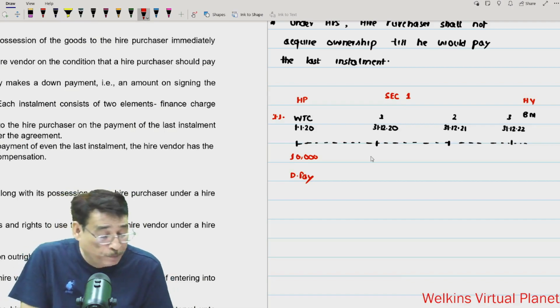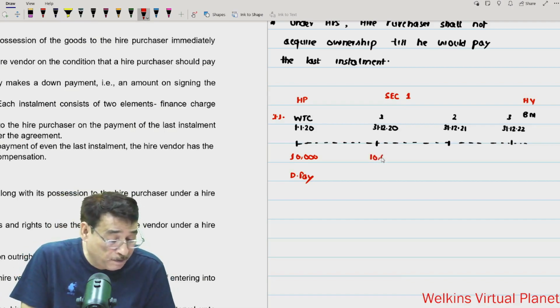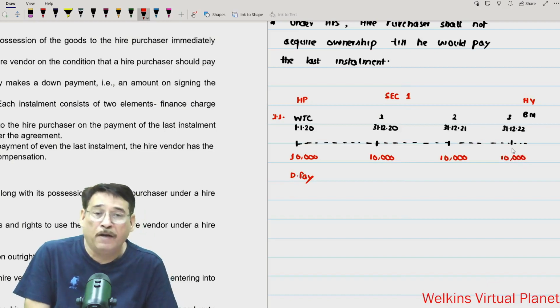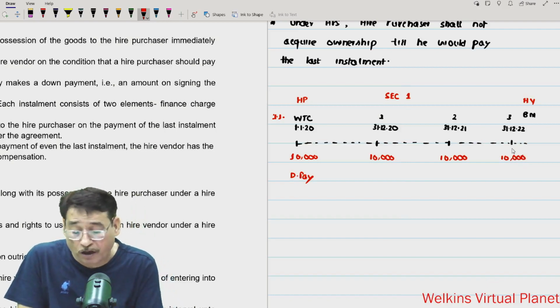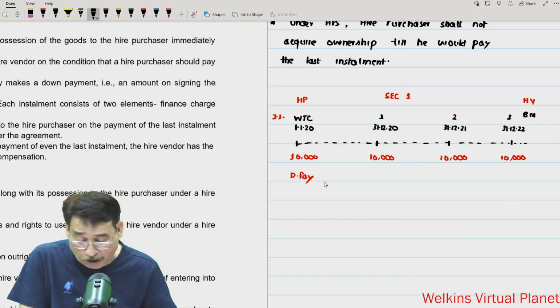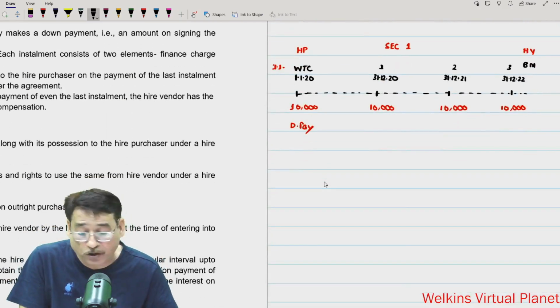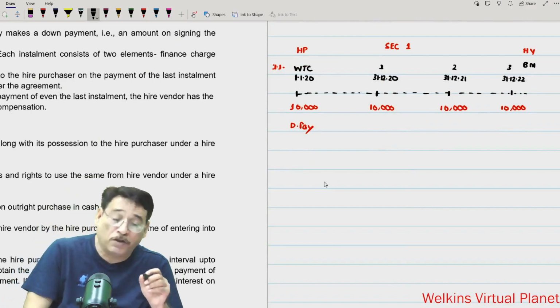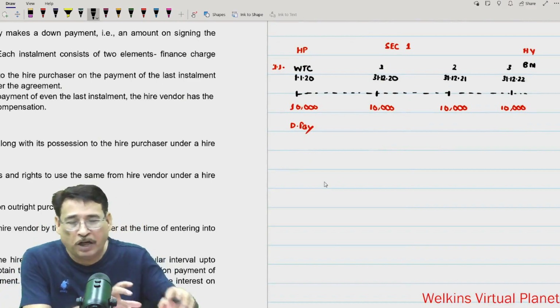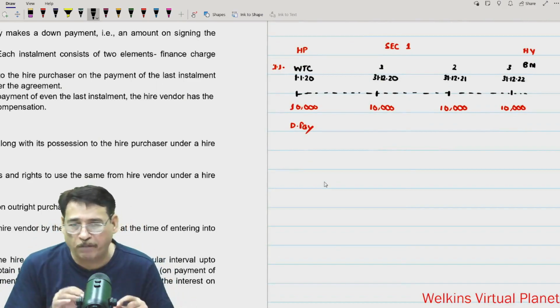As I told you, at the end of the first year, Welkins Transport Company will pay 10,000, then again 10,000, then at the end of the third year, I will pay 10,000. Further in this particular question, it was also given that cash price was 37,250, and the question also stated that Bombay Motors is charging 5% interest.